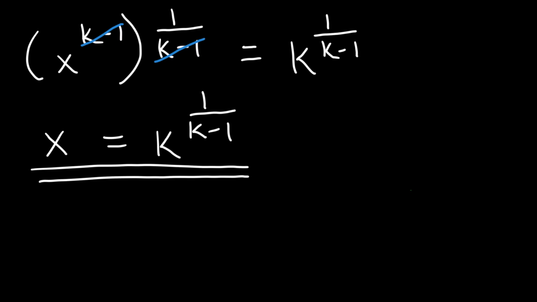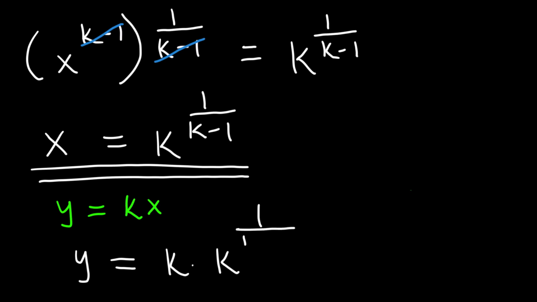And if you remember, we had set y to be equal to kx. Therefore y will be equal to k times k raised to the power of 1 divided by k minus 1. And this k has a power of 1.